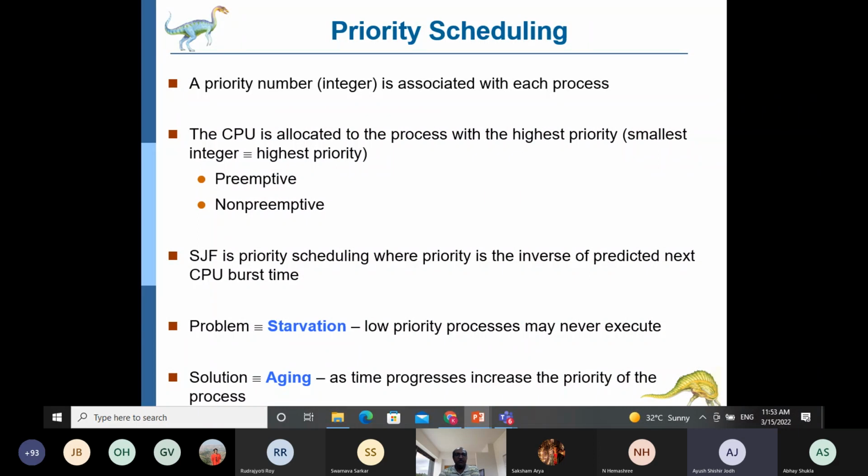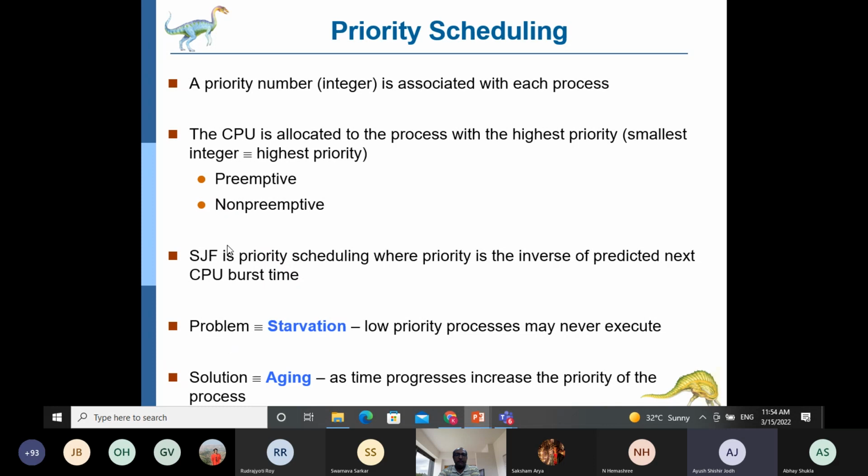In case of non-preemptive, the current process will not be disturbed at all till it reaches completion, either it terminates or it goes into wait state. Whereas in case of preemptive, whenever there is a change in the priority in the queue, the process will immediately be switched. That is the difference between preemptive and non-preemptive priority scheduling.